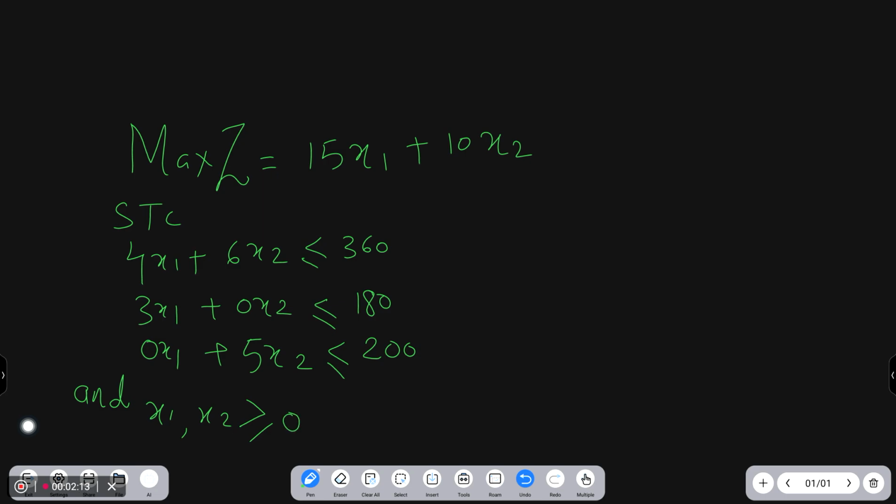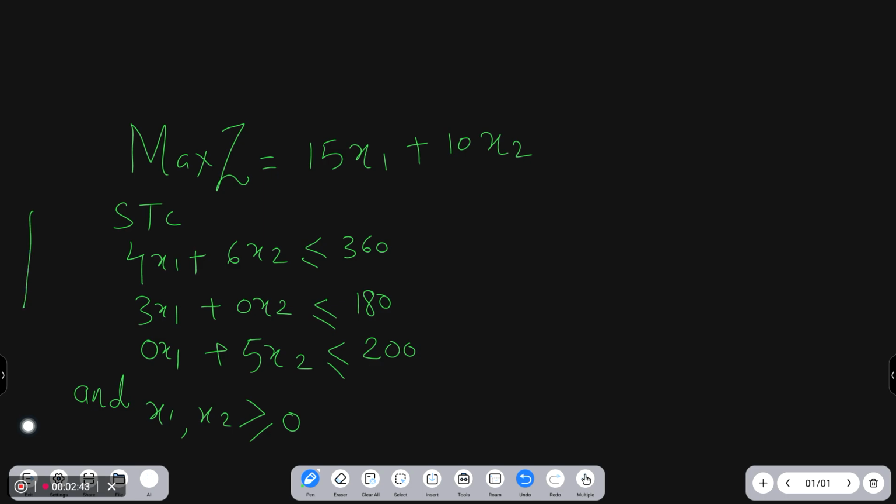Now see here, what is the nature of our problem? It is a maximization type of objective function. At the same time, you have to observe whether all constraints are less than or equal to type or mixed type. The given problem is completely in the canonical form, right? This is the nature of the problem.